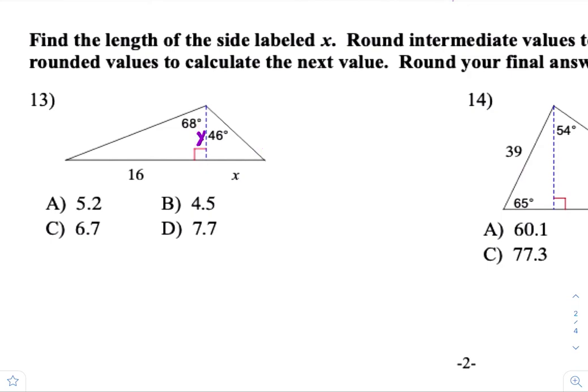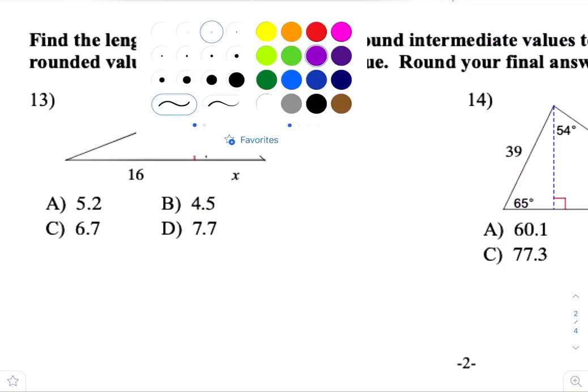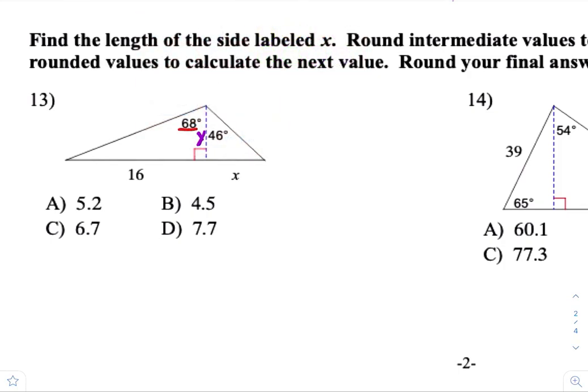So in the perspective, I'm going to use red on this side. In the perspective of this angle, this side is the opposite and this side's the adjacent, right? So remember SOHCAHTOA? We are going to be using tangent because we know information at O and A. So tan of 68 is equal to opposite, which is 16, over adjacent, which is y.